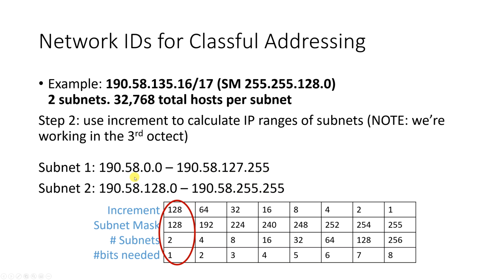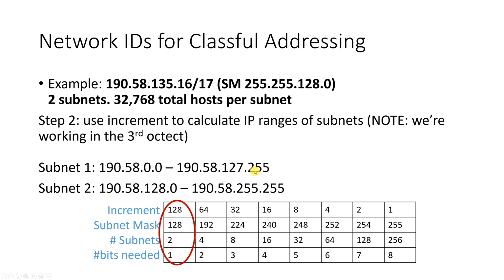What about these numbers in the middle? Where does that break off? Well, check this out. Our increment is 128, and this increment goes in the third octet, like we said. So the third octet ranges from 0 to 127. So what is the biggest number that you can put in that third and fourth octet combined? 127 in the third octet and 255 in the fourth octet. Look at the binary. What if you add 1 to this?